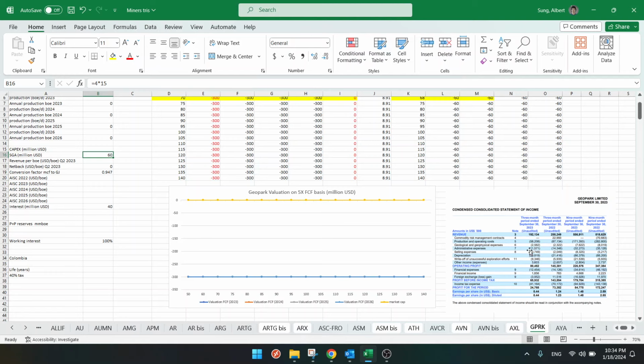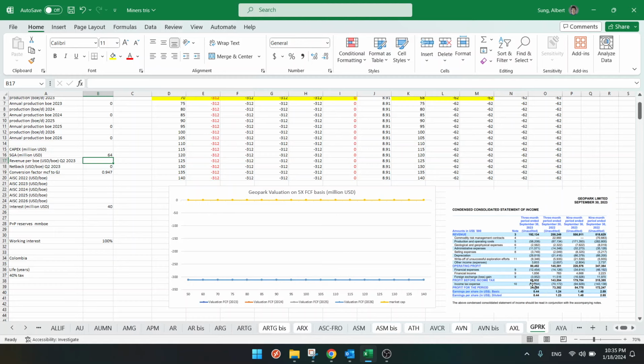Geological expense. Yeah, that could be 16 million then. I won't do depreciation. That's not really cash that's going away. It might reduce tax, but okay. Let's ignore this for now. Other income, yeah, let's ignore that as well.